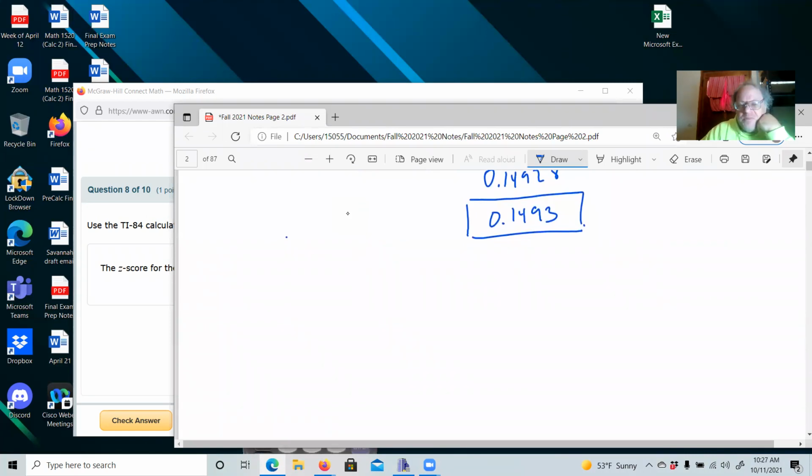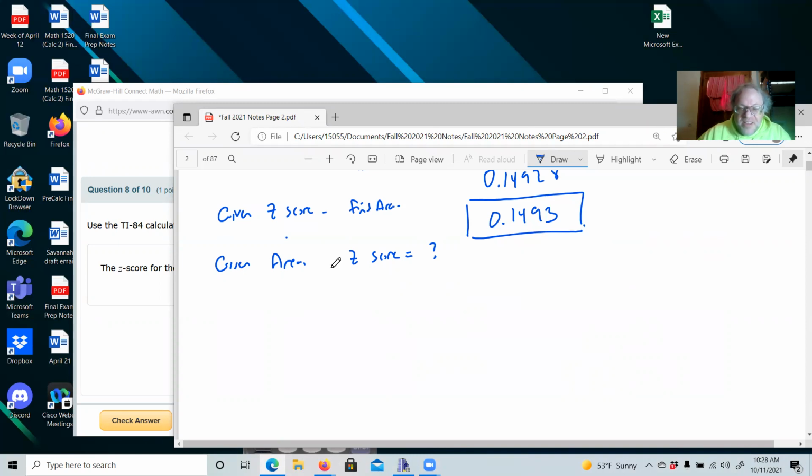The previous problems we have given the z-score, find the area. In this problem, they're saying, given the area, tell me what the z-score is. All right. So what we have to do is kind of go backwards. Okay, we're given the area, and we need the z-score.